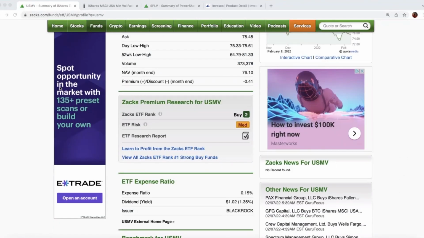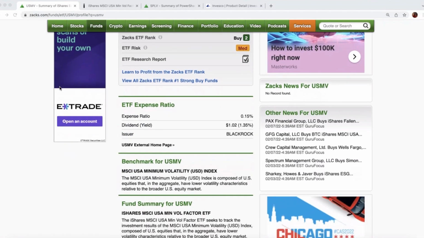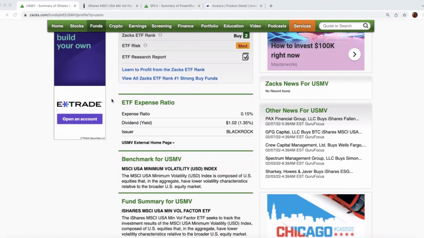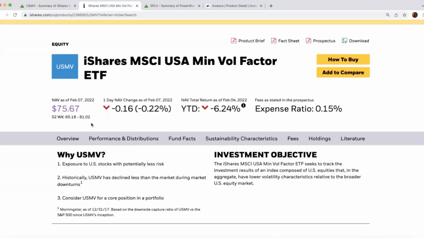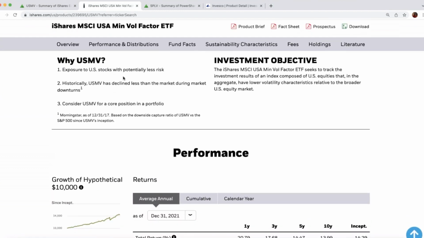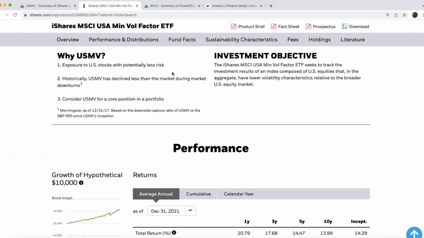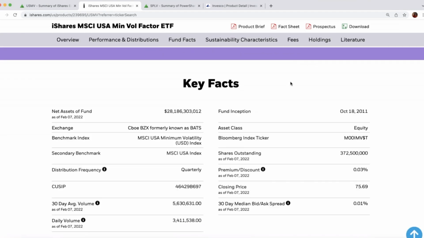Now, you can go to the Zacks quote page, read our research report and articles, and then use the link to go to the iShares webpage for this ETF and learn more, look at the holdings, etc. The portfolio has lower volatility relative to the broader equity market.